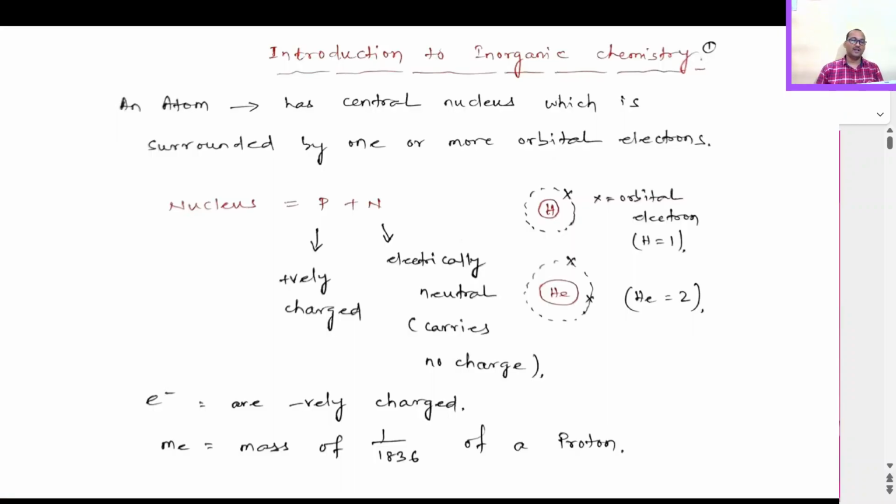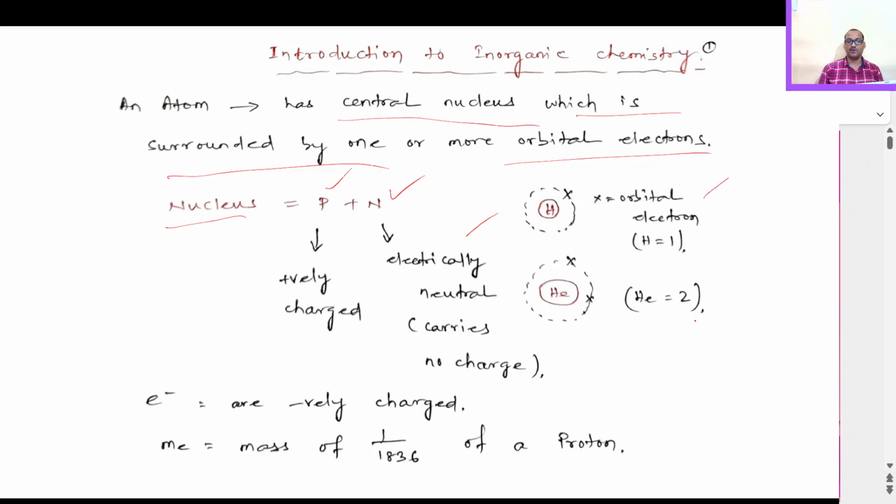So let's define what an atom is. An atom has a central nucleus which is surrounded by one or more orbital electrons. At the center of the atom you have a nucleus which contains protons as well as neutrons. Proton is positively charged and neutron is electrically neutral. For example, hydrogen atom has one electron in its outermost orbital.